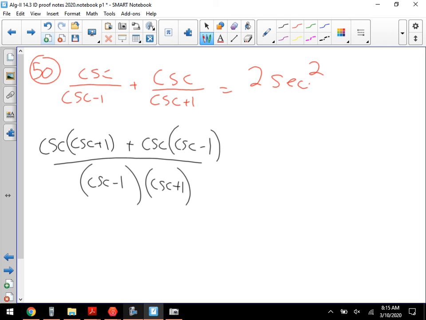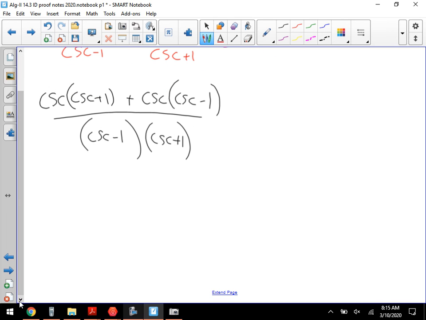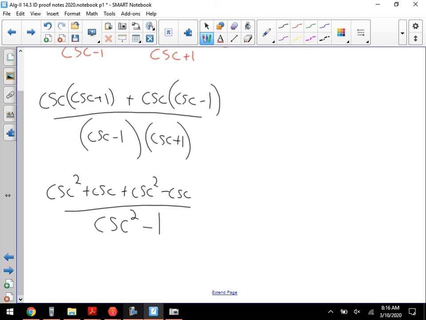The denominator, we created a difference of squares. So the denominator you're going to wind up with is cosecant squared minus 1. Numerator, I have cosecant squared plus cosecant squared minus cosecant. So far, so good? Yes.